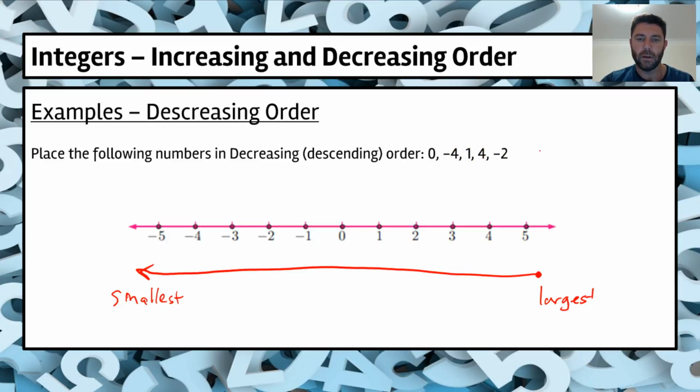So if we identify them on the line, we go 0, -4, 1, 4, and -2. So we start from right to left now, so that equals 4, 1, 0, -2, and -4. Right, so basically what we're doing there is just placing those numbers in decreasing order.